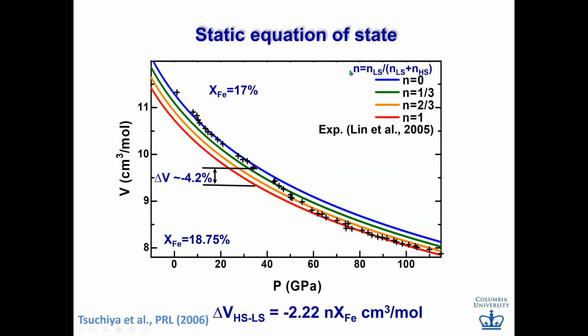So defining the low spin fraction n as this one, you can see the compression curves for n equal 1/3 and n equal 2/3. The volume depends on the low spin fraction.